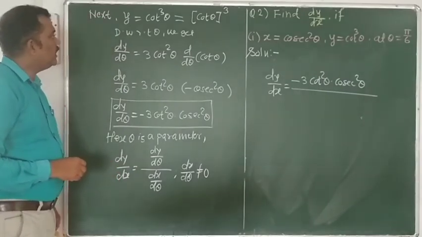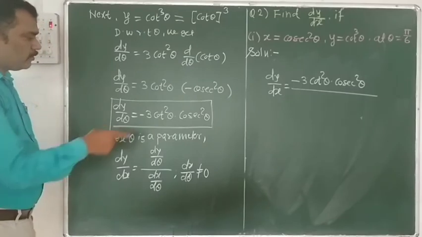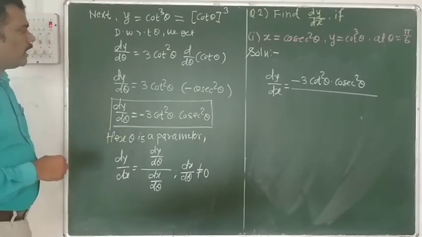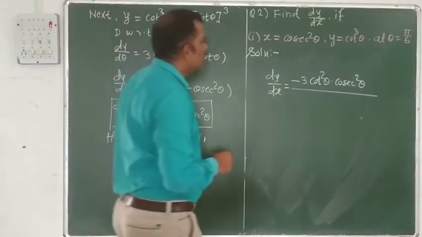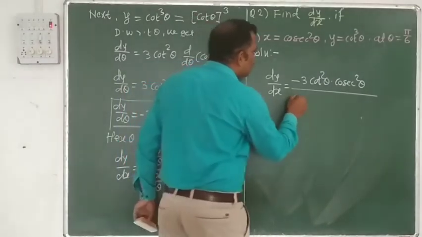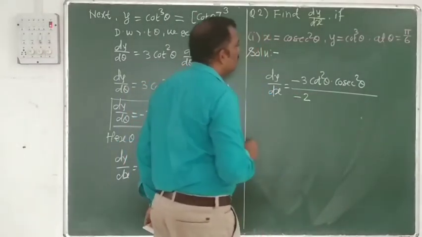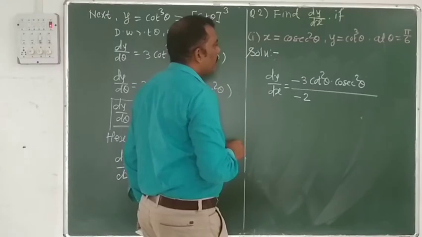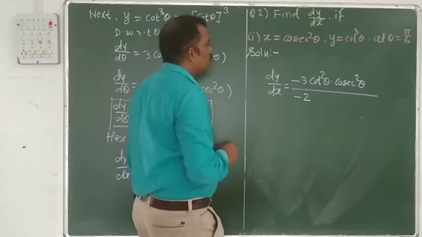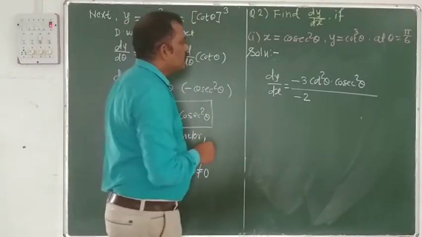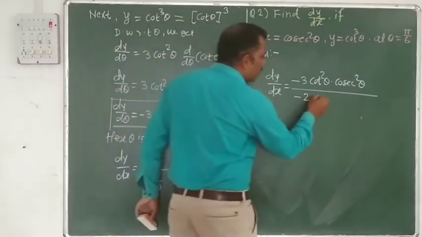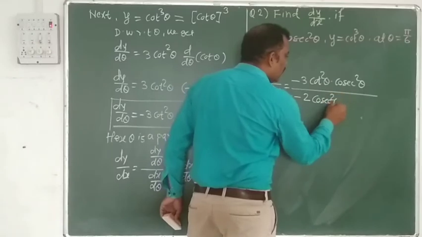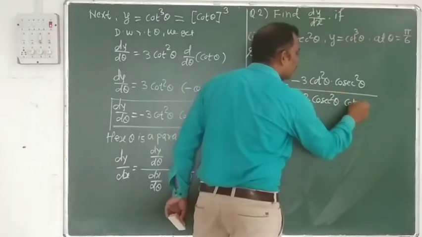What is the value of dx by d theta? We have found that the value is nothing but minus 2 times cosec square theta into cot theta.